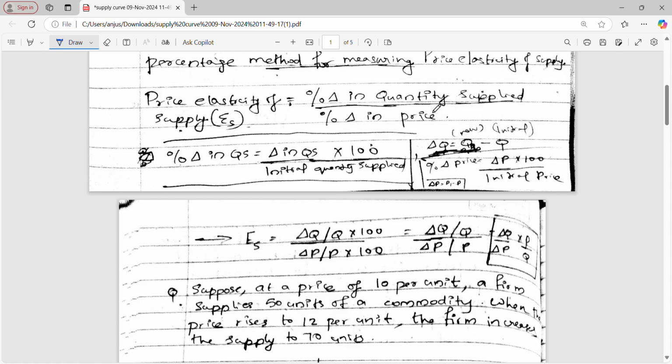We know the change in quantity. The change in quantity is calculated as new quantity supplied minus old, initial quantity supplied.